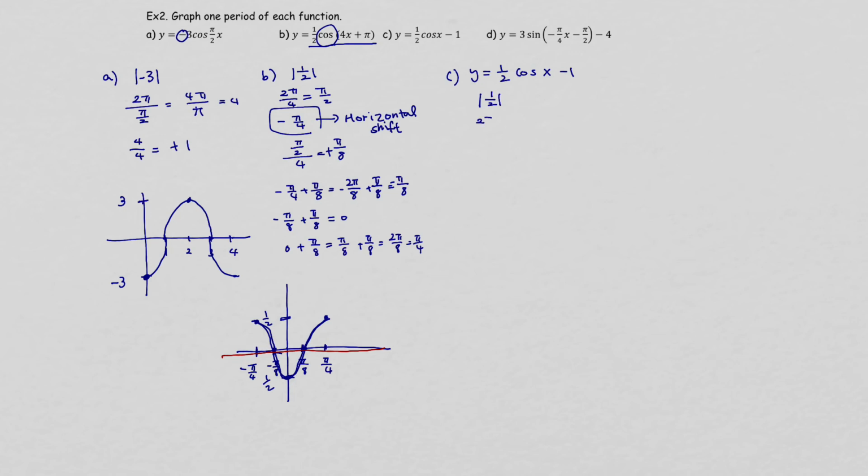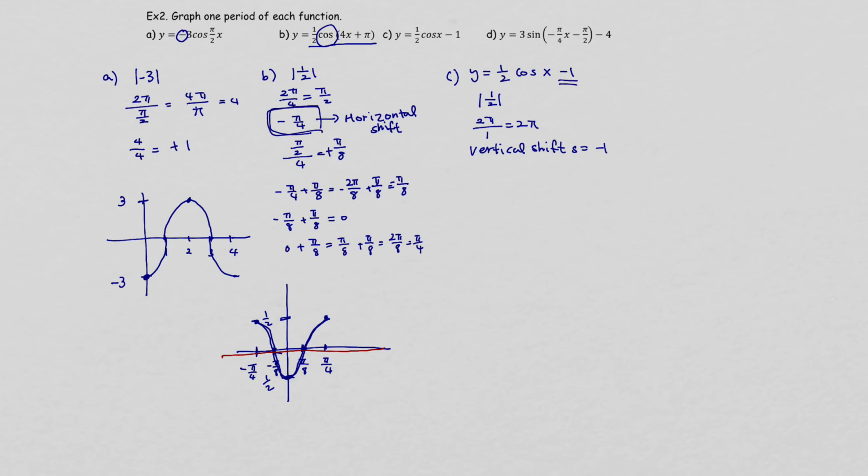The period is 2 pi over b, which is 1, so it will be 2 pi. And this time, because we have only c, it's going to have your vertical shifting, which is negative 1. This is a vertical shifting.